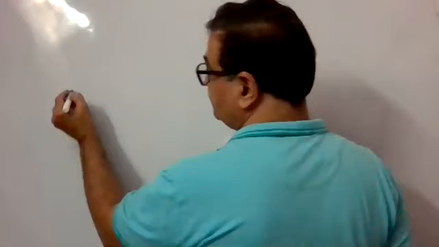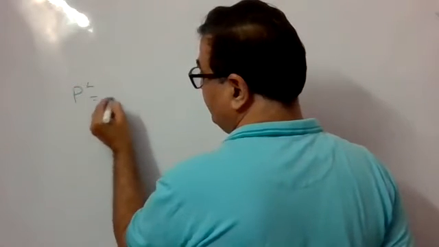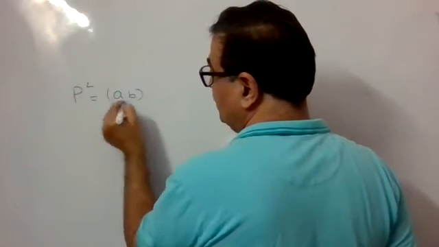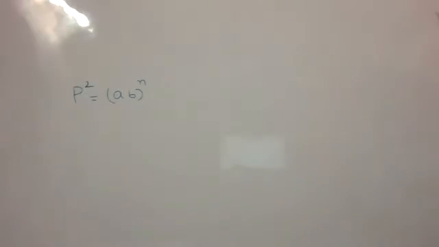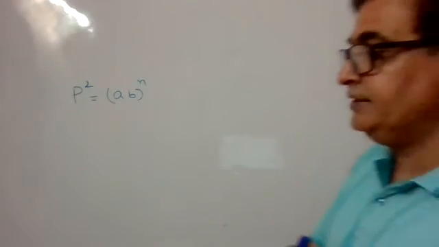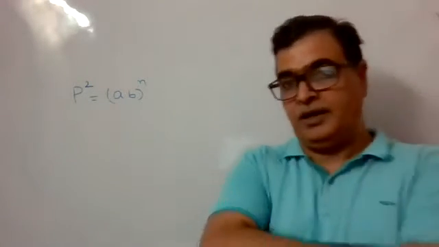Then my question is, prove that P square is (ab) whole power n. This is the question. We have to prove P square is (ab) whole power n.